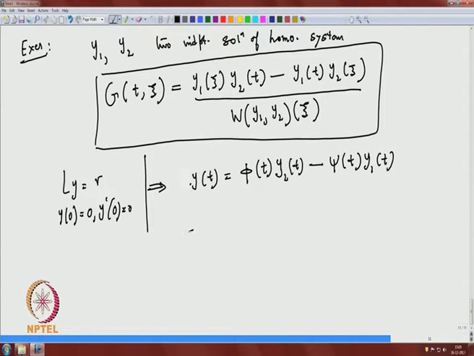And what is your phi(t)? Phi(t) is the integral of G(t, psi) r(psi), so this factor you have to take.